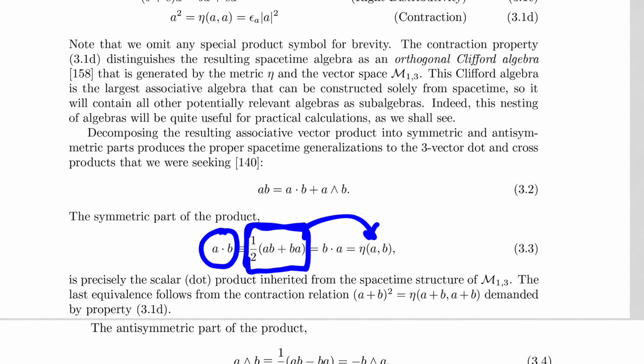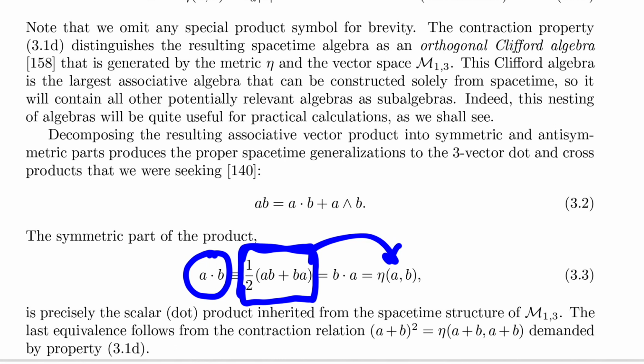So that means now if we go back one little step and we look at AB and we realize that it's equal to this dot product plus this wedge product, and we now know that this dot product part is the symmetric piece. Well, what's left?